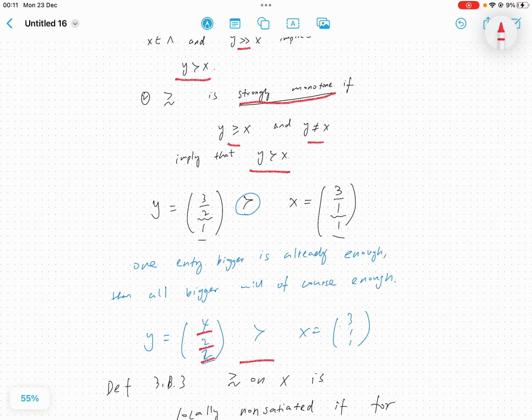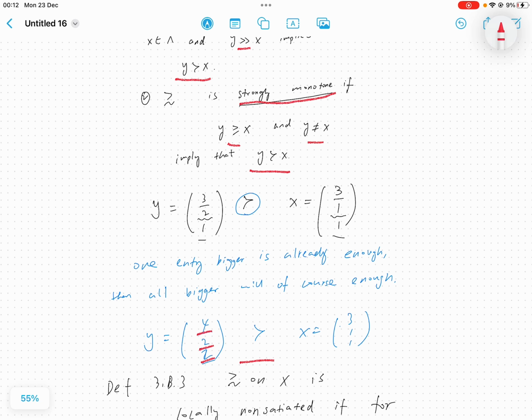And then all of those entries bigger will of course be enough as well, right? So if the condition of strongly monotone, that is, if the condition of monotone is satisfied, then the condition of strongly monotone will be satisfied as well, right?